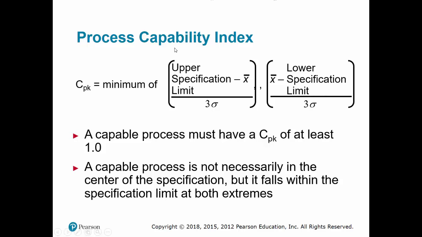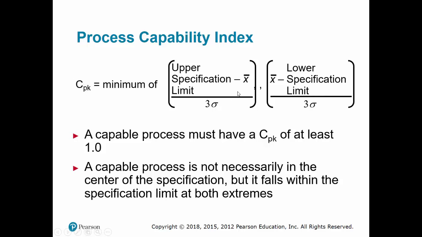Then upper specification limit minus X bar, divided by 3 sigma, and X bar minus lower specification limit, divided by 3 sigma. So 3 sigma here is this 99.7% limit. The smaller of these two gives us the index called C sub pk.